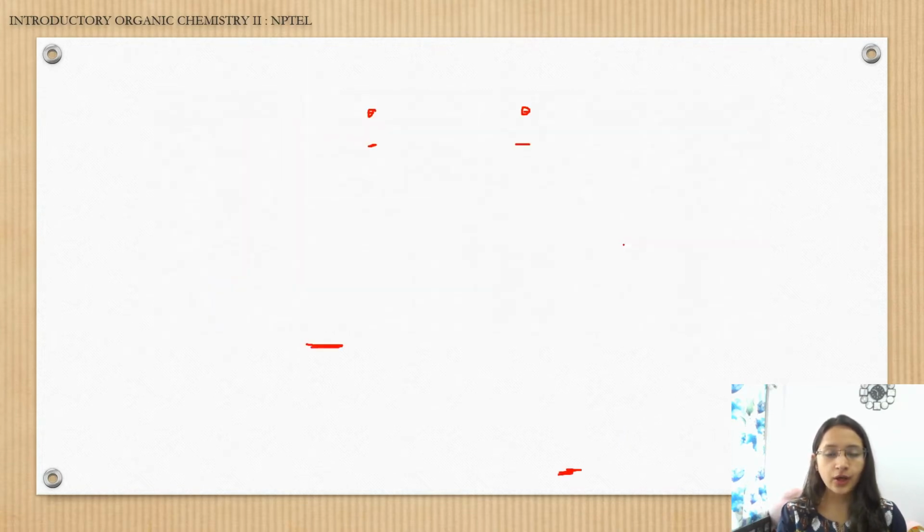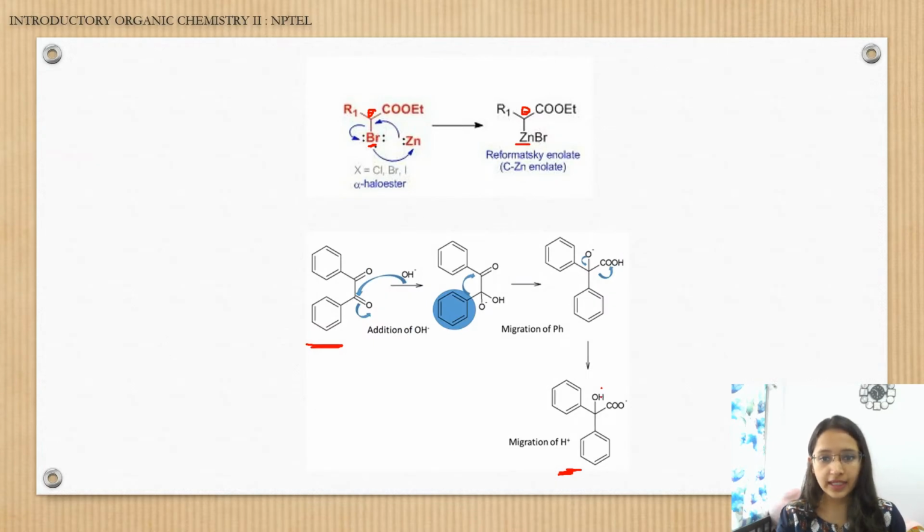Now we have looked at the mechanism of benzilic acid rearrangement. See, this 1,2-diketone species, benzil, is the reacting species in the benzilic acid rearrangement. We start with this kind of species. When you treat it with a strong base, either KOH or NaOH, it will attack one of the carbonyl groups, right? And then this tetrahedral intermediate is generated.